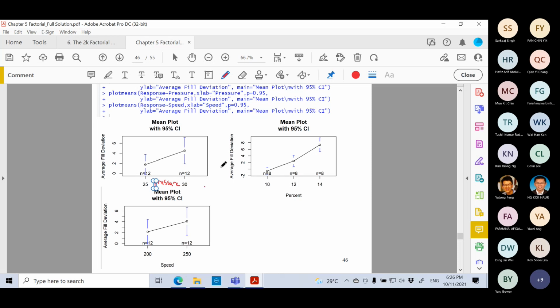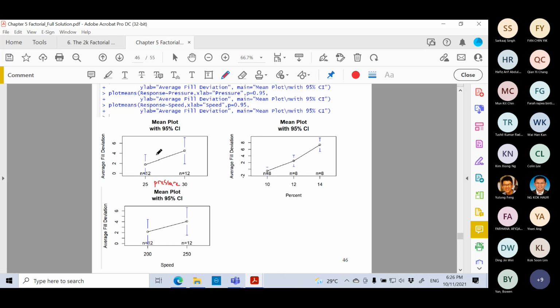Under the different pressure levels, you will get different values. If you want the deviation to be small, because you want to know the average deviation, so it is close to 0, then I should choose the smallest.